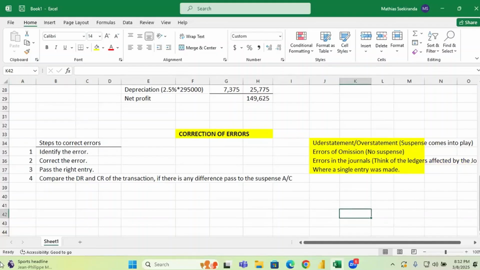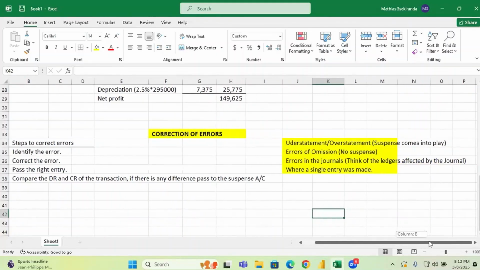If you want to correct this error very well, think of the ledgers that are affected by that journal. Of course, by now I assume that you know the journals and what each journal does and the ledgers affected by each journal. We did numbers of that, okay?